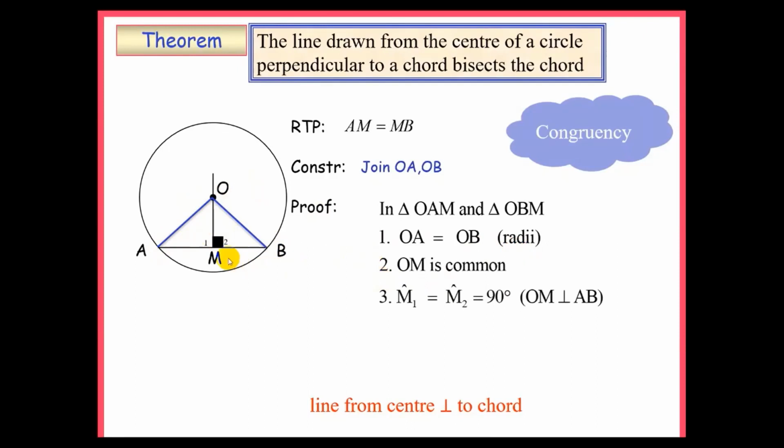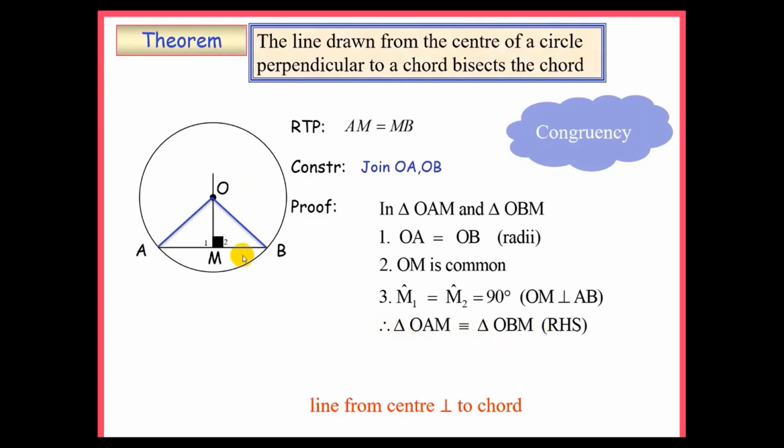Number 3, we have M1, which is equal to M2, which is equal to 90. Remember, they told us that OM is perpendicular to AB. So M1 and M2 are 90 degrees. This is a straight angle. So therefore, we can conclude that OAM is congruent to OBM.